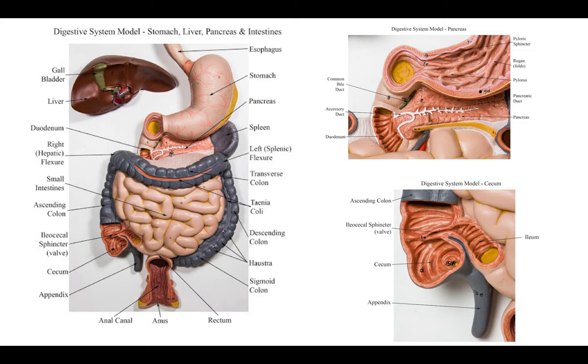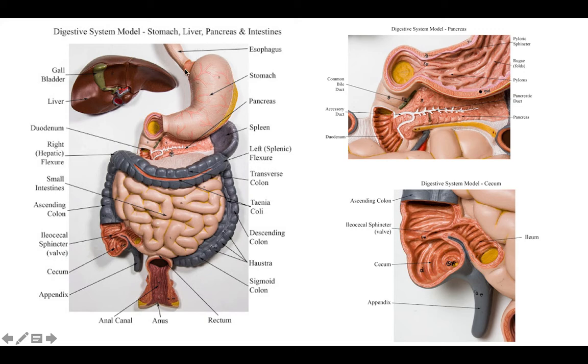If it doesn't seal tightly, you can get reflux of some of the acidic materials from the stomach into the esophagus. This can cause inflammation in the esophagus, and it causes a condition called GERD, which is gastroesophageal reflux disease. So that's why the esophageal sphincter is an important sphincter to know.